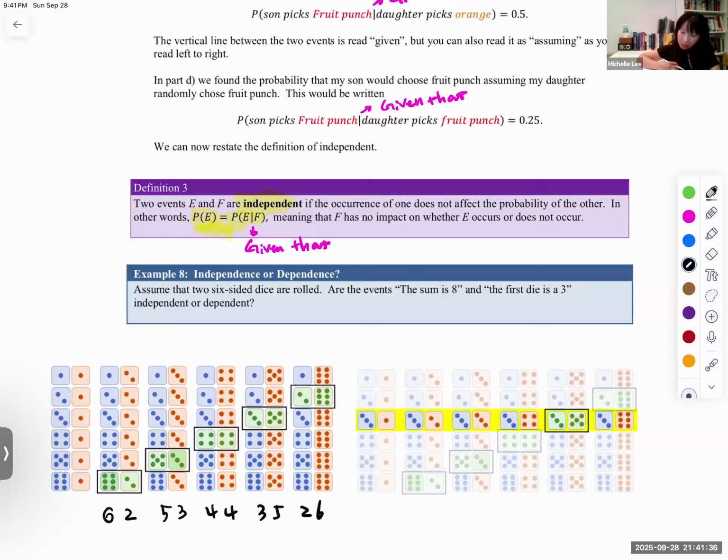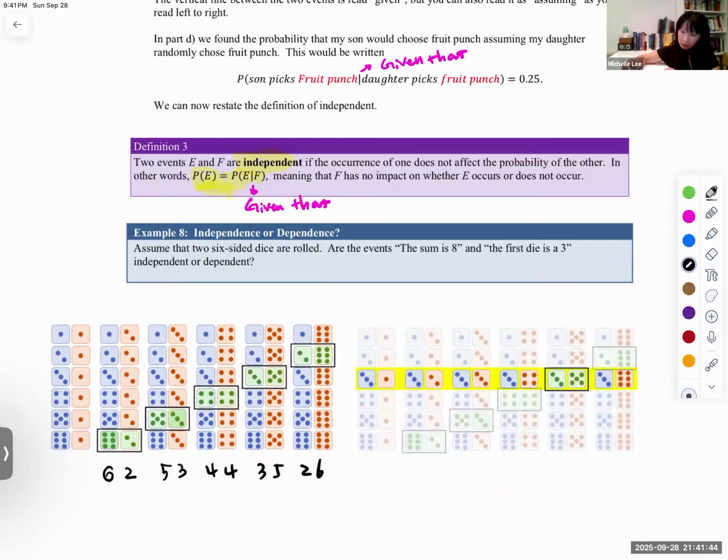The first die is a 3. Actually, we don't need the other ones, because the sum is 8, so we need only this part.